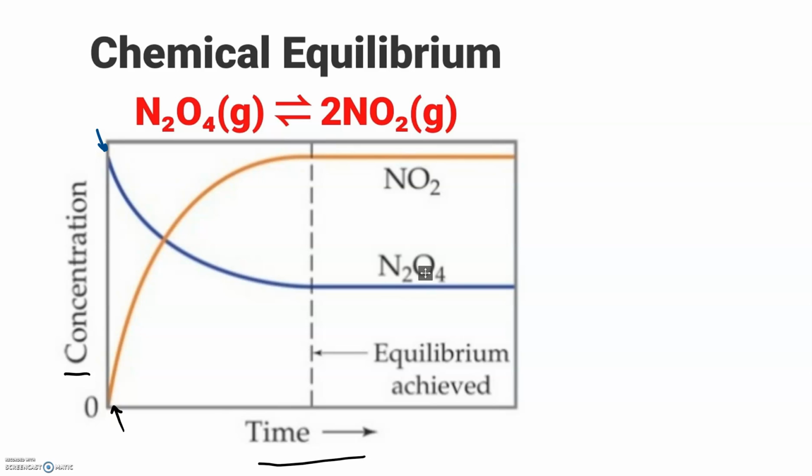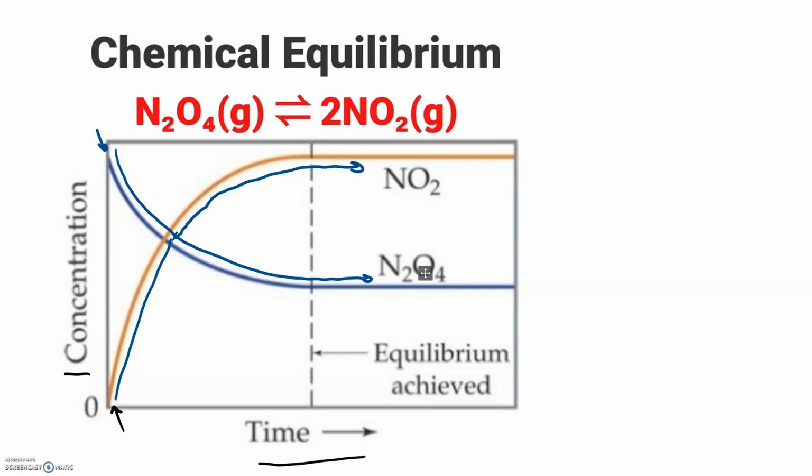There isn't any in the reaction vessel. The concentration of gases in the reaction vessel is entirely N2O4. But as the reaction runs over time, notice that the concentration of NO2 slowly rises and eventually flattens out. And the concentration of N2O4 decreases, and then eventually it also levels off.